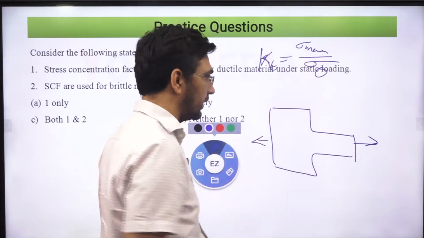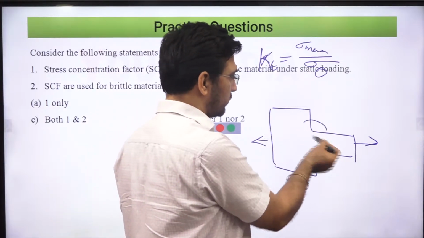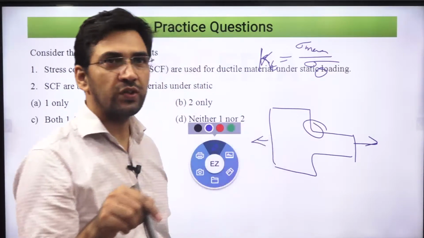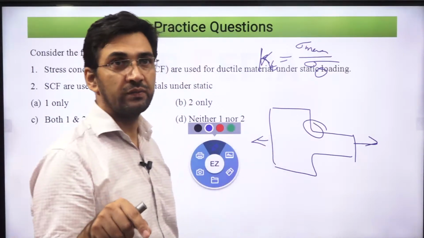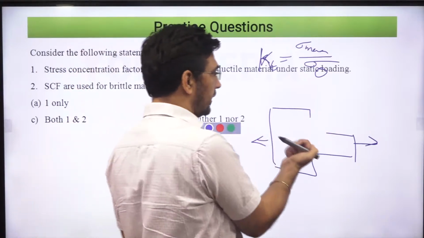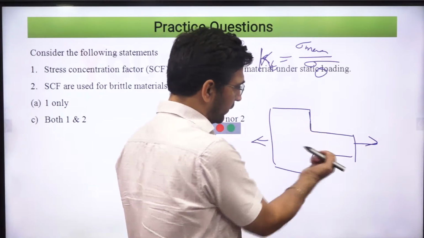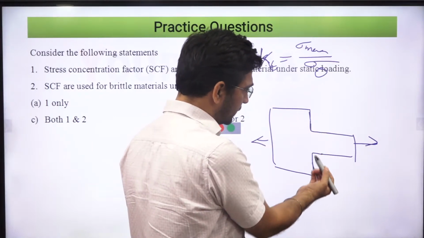Let's say it is ductile. Normally, when there is a discontinuity, stress will concentrate over here, but because of the stress concentration, local yielding will take place, because these materials can yield locally. So this sharp discontinuity will not remain sharp. Why?